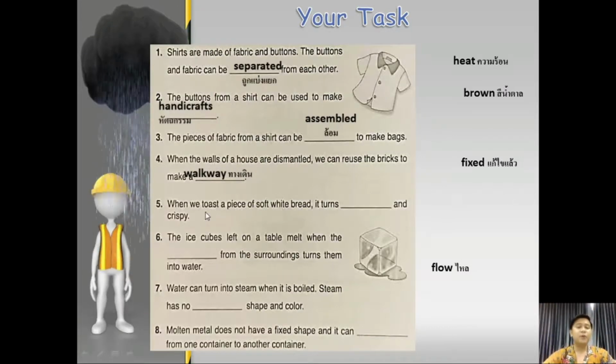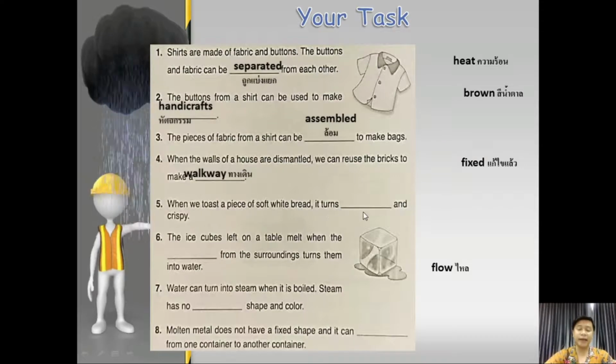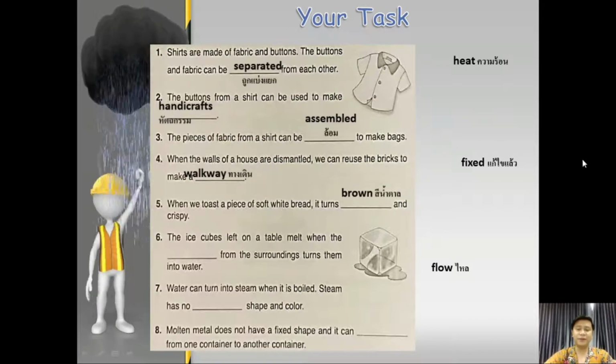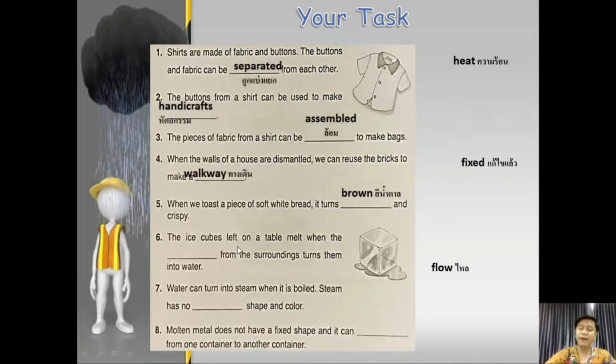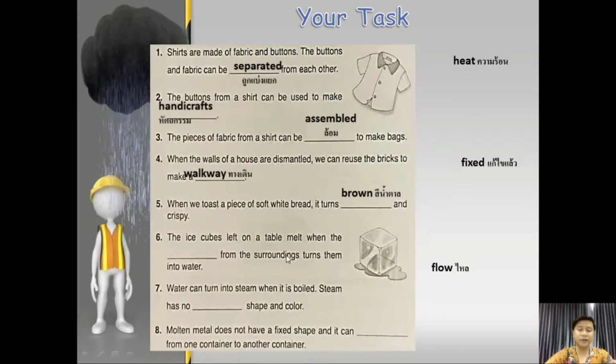Next, when we toast a piece of soft white bread, it turns blank and crispy. What color is it? Brown. Very good. Next, the ice cubes left on the table melt when the blank from the surroundings turns them into water.